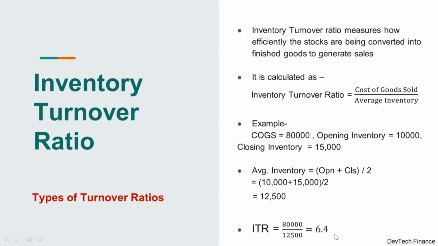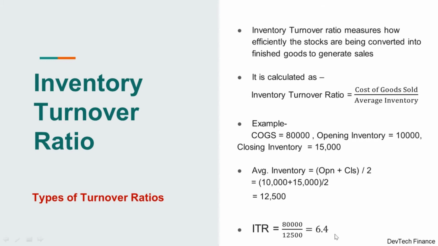Now you may ask the question, what is this 6.4 indicating? I must make you remember that in my previous videos on ratio analysis, I already told that a ratio in itself doesn't indicate anything. It is useful when you compare it either with the previous year's figures or with any other company's figure.